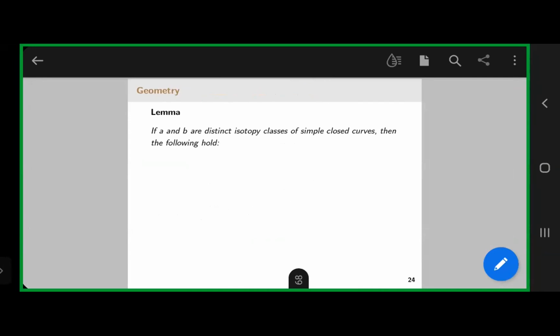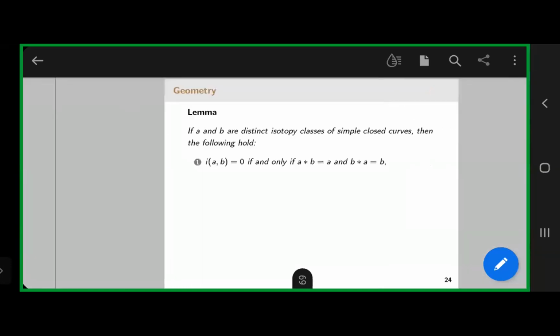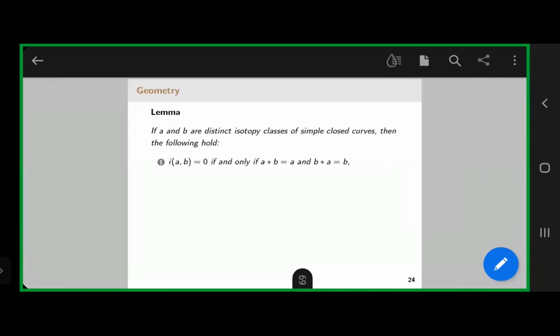Another result is that this Dehn quandle is not only holding algebraic properties, it is somehow capturing the geometry also. Whenever the intersection is 0, they satisfy a very particular relation: A star B equals A, which means B does not non-trivially act on A, giving only A again, and B star A is again B. Similarly, whenever the intersection is 1, they satisfy a particular type of relation, and this is an if and only if.